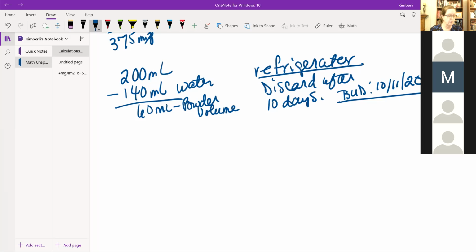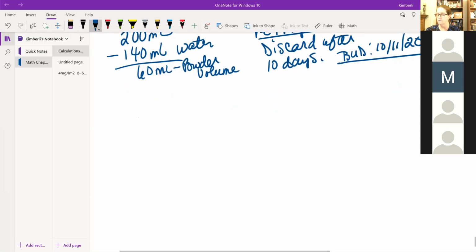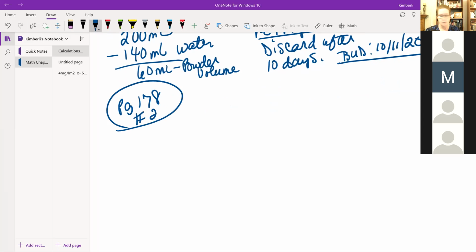Let's look at page 178, number 2. This is a drug called amoxicillin with clavulanate potassium. Do you know what the brand name is? Amoxicillin. That's the generic name. It's amoxicillin, which would be Amoxil.